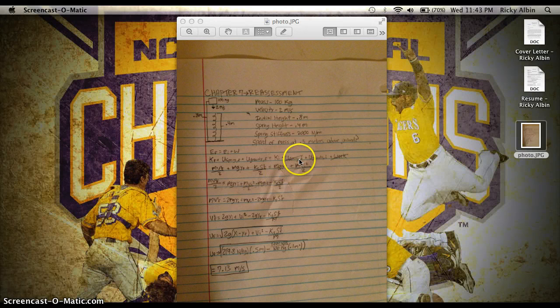The U spring initial is going to cancel out because it's 0, since the spring initially isn't doing anything at all. Then U gravity initial plus work, and work is going to be 0 too because there's no work happening here.